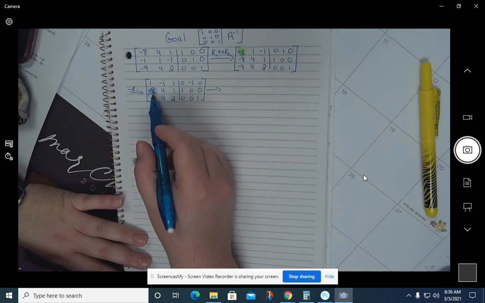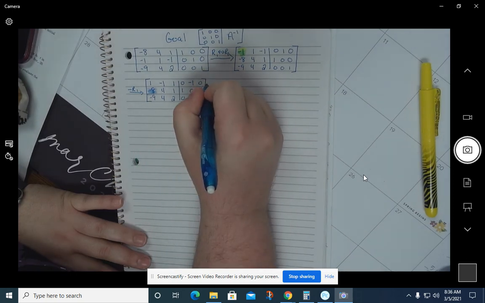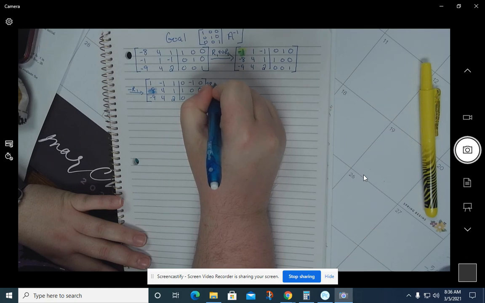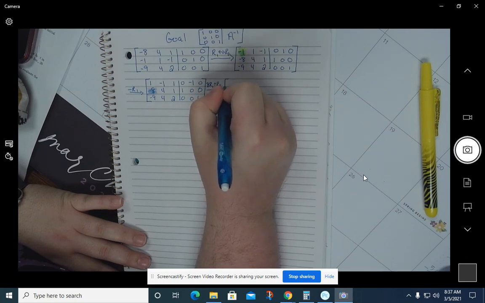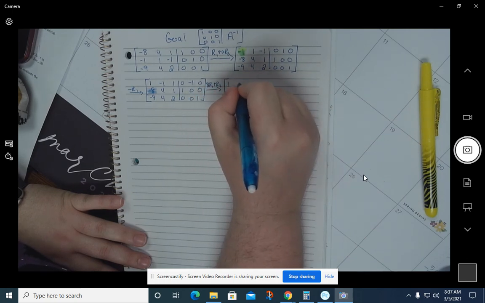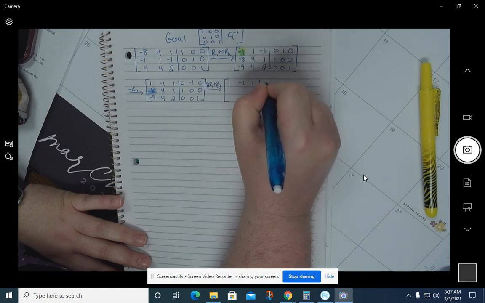I want to get rid of this -8. So I'm going to take 8 times row 1 and add that to row 2. Rows 1 and 3 are staying the same.